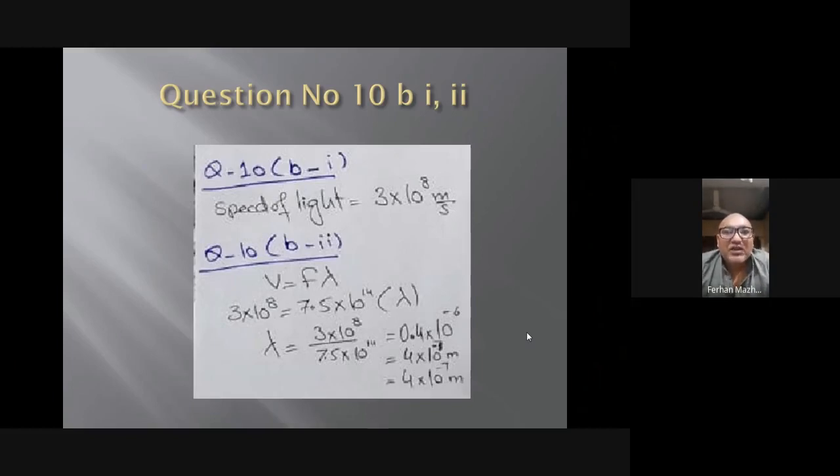If you make λ alone, this 7.5 x 10^14 will go to the other side, underneath. You just enter this in the calculator: 3 x 10^8 divided by 7.5 x 10^14 equals, and the answer will be 4 x 10^-7 meters.